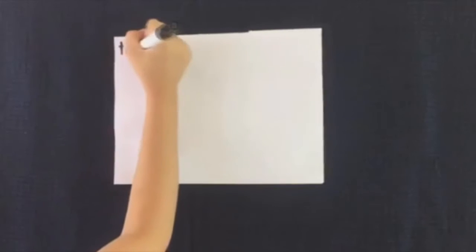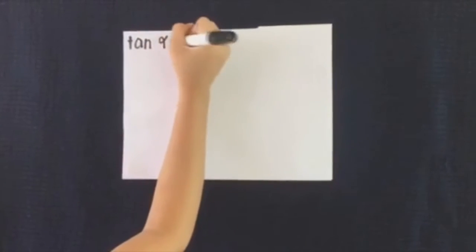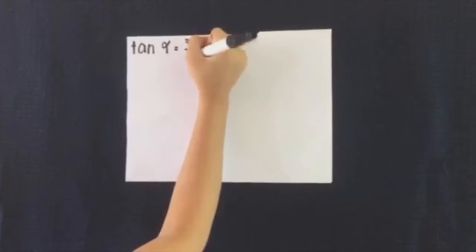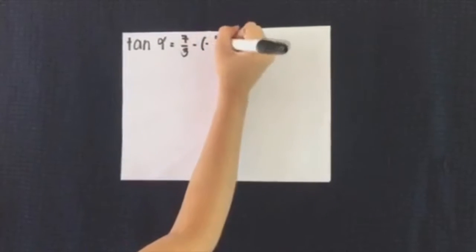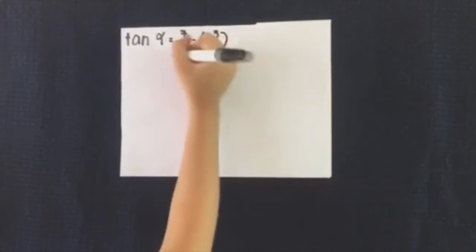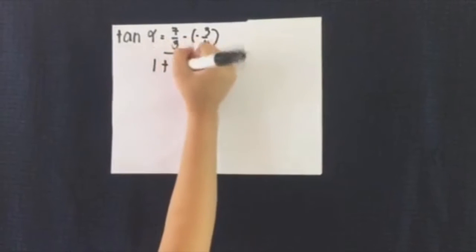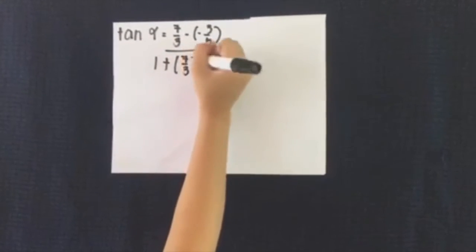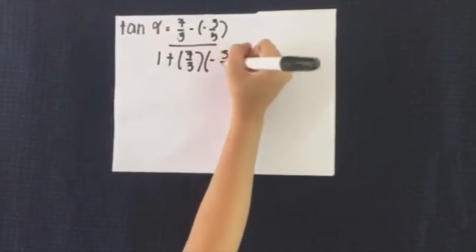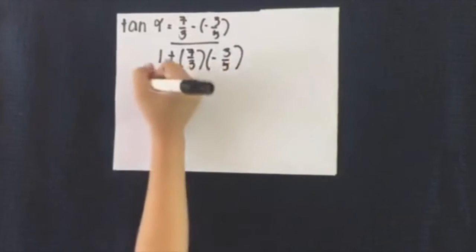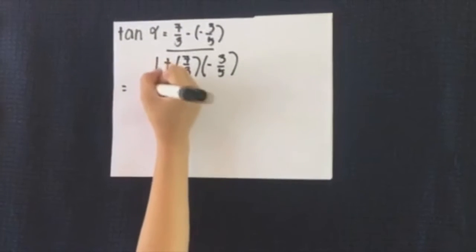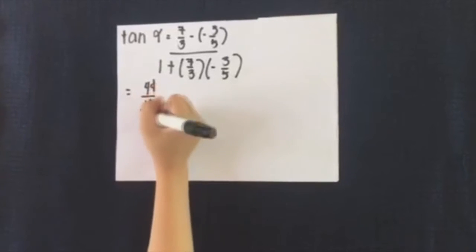Next up is for tangent alpha. By substituting again the values of our slopes, we will have 7 over 3 minus negative 3 over 5 all over 1 plus 7 over 3 multiplied by negative 3 over 5, and you will get 44 over 15 all over negative 2 over 5.